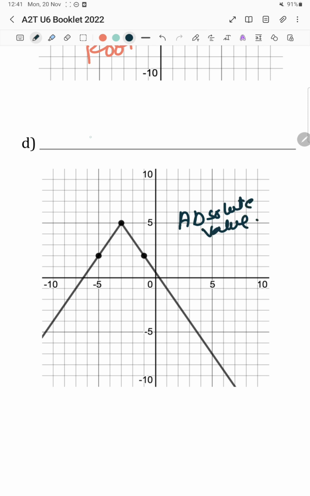Okay, so absolute value function was y is equal to m times absolute value of x minus h plus k. So what is m? Rise over run, 1, 2, 3, 1, 2, 3, by 2, and it's in the opposite direction. x minus h. What is h? This is minus 3, 5.